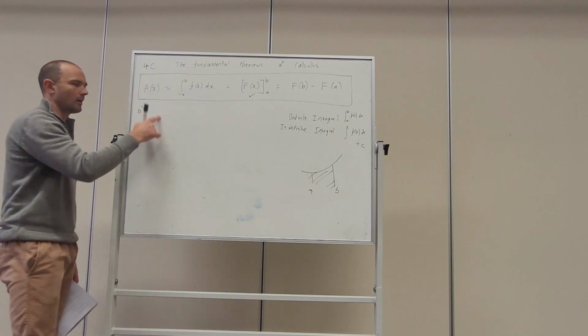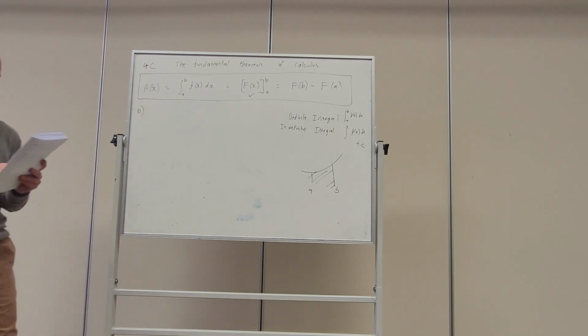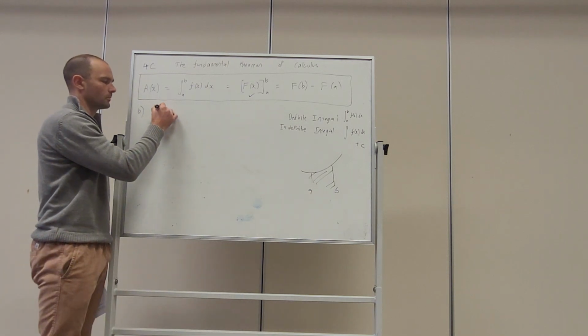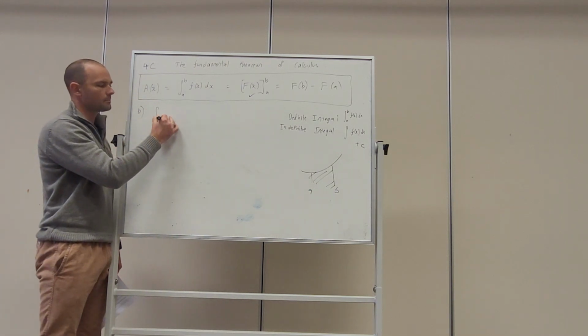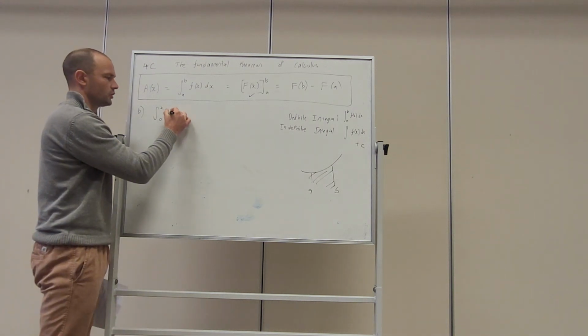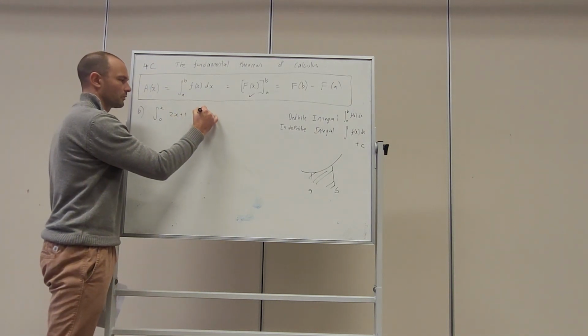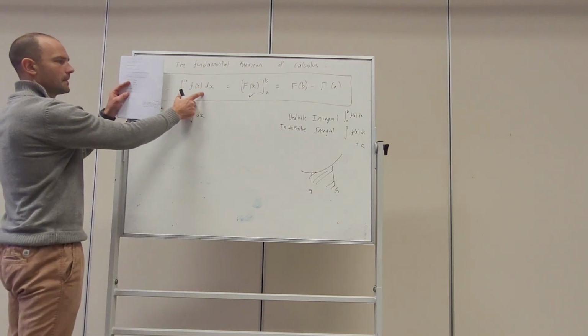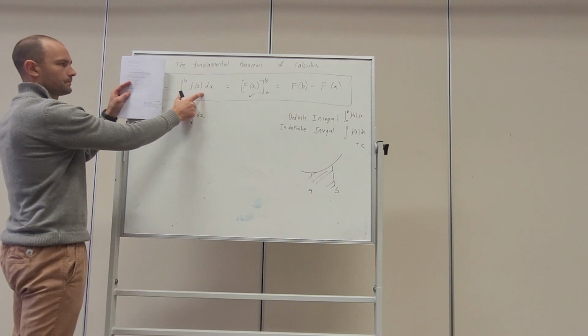All right, so we'll apply the fundamental theorem of calculus here. It says, find the area under the curve y equals 2x plus 1 from 0 to 2. So we're going to integrate from 0 to 2, and the function that we're integrating is 2x plus 1 with regards to x. So we're just going to follow the formula through, right? This is the first step in our fundamental theorem of calculus.